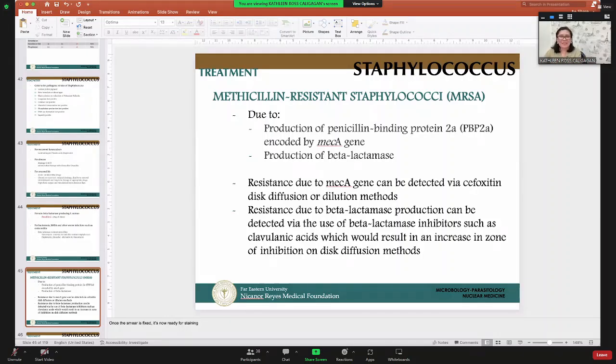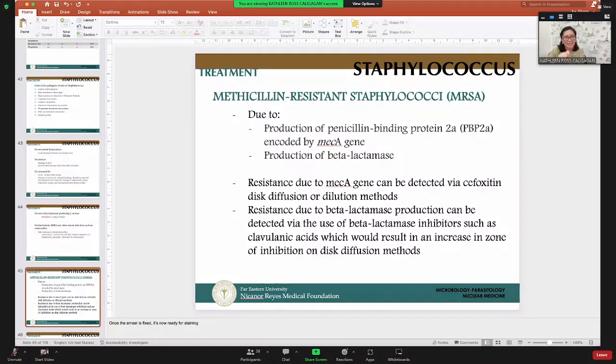It can also be due to production of penicillin binding protein 2A encoded by the MECA gene. Those are mainly the reasons for methicillin-resistant staphylococci. There are different classifications of methicillin-resistant staphylococci.